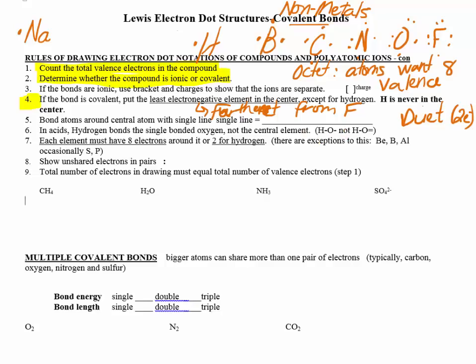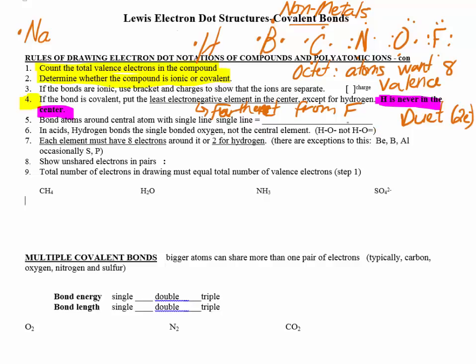Look at this, highlight, circle. Please don't make me put a sad face on your quiz. Hydrogen is never, ever in the center. Hydrogen also never gets extra dots. Hydrogen's too small. Don't put more electrons around it than it can have. It only can have 2, the duet.